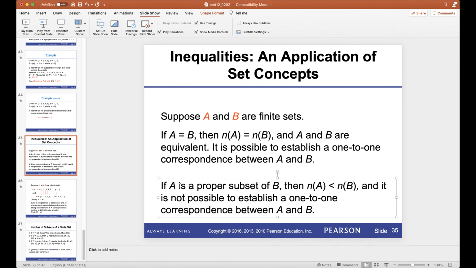If A is a proper subset of B, then A has some elements that are in B, but B has more elements. A doesn't have them all.